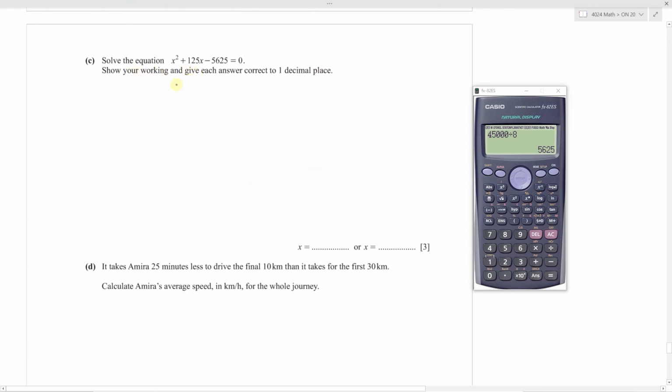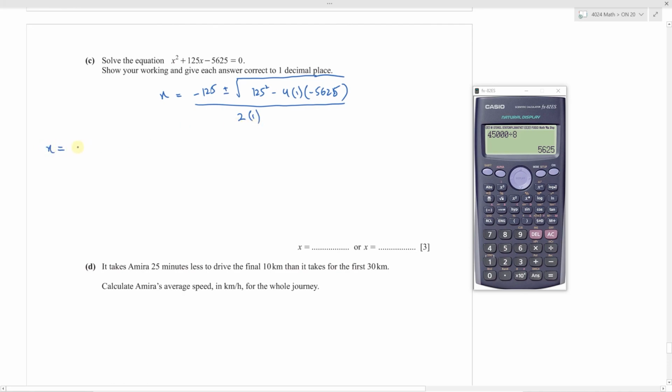Part C is solve the equation, show your working, and give each answer correct to one decimal place. So we can use the quadratic formula to solve this. So your x value will be equal to minus b. B here is 125, so minus 125 plus minus square root of b squared, which is 125 squared, minus 4, a is 1, c is minus 5625, whole divided by 2 times a, which is 1.